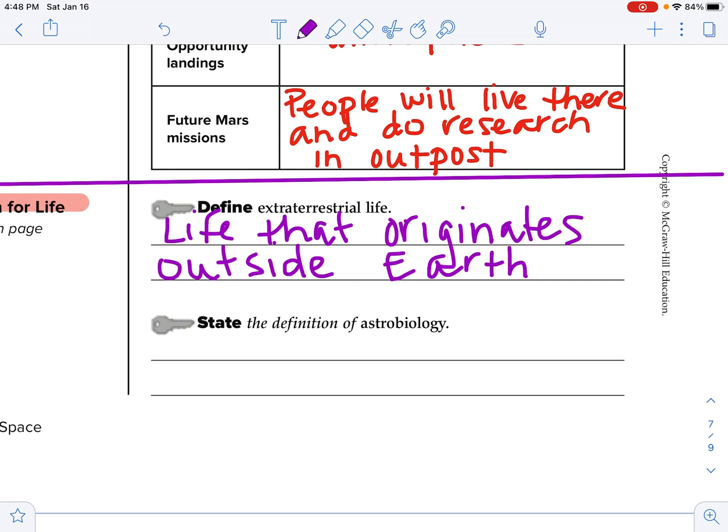State the definition of astrobiology. And so ology means the study of. Bio means life, and astro means space. So it is the study of life in the universe.